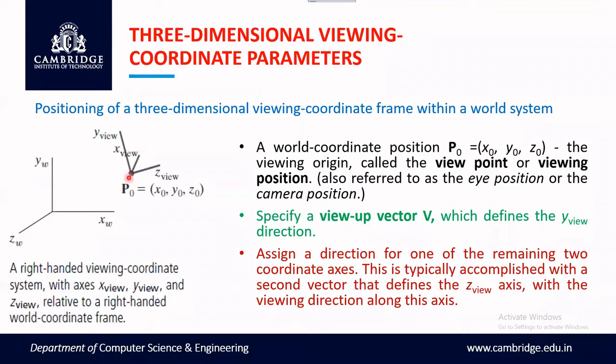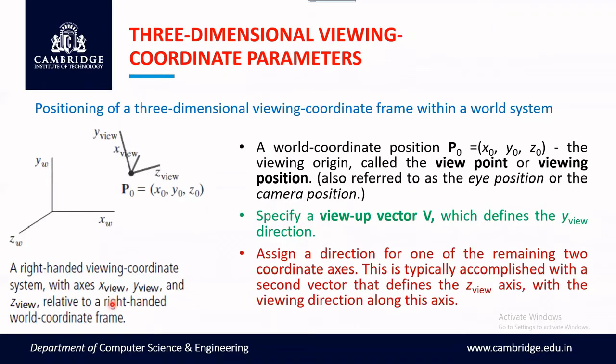First, we define the viewpoint. Then we define the view up vector. Then we define the viewing direction, and we take a mutually perpendicular direction, that is your X view. So we get the three axes, X view, Y view, Z view, that form the right-handed viewing coordinate system.